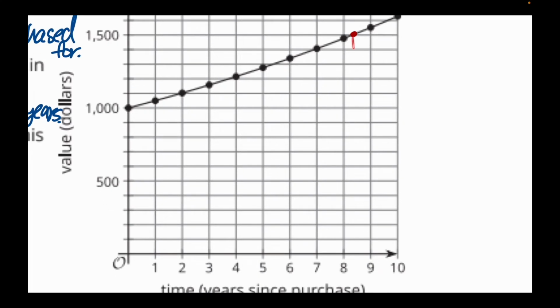So I'm going to actually put a red mark there. We'll put a red mark here. And if we draw this number down to read how many years, it's not quite 8.5. It looks more like 8.25 or 8.3. I'm going to just round it to 8.25.